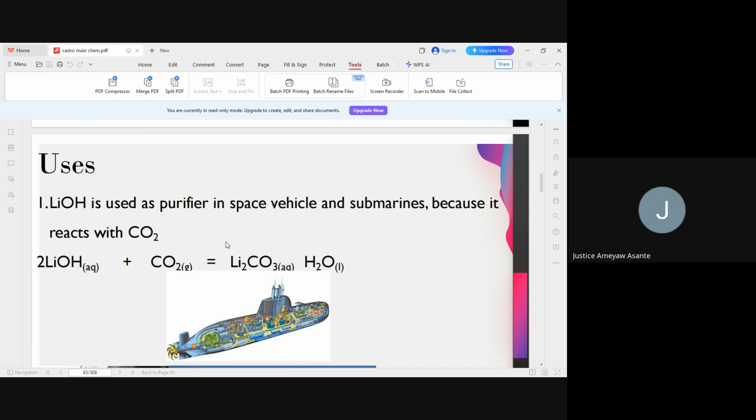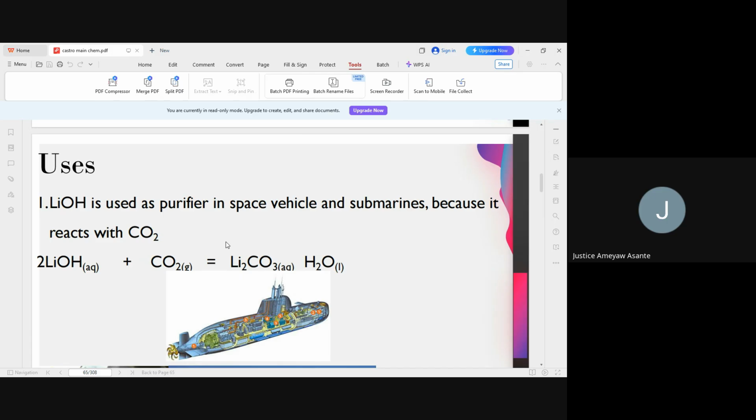So lithium oxide, what is formed, is used to purify vehicles and submarines, because it can easily react with carbon dioxide. You want to purify air in vehicles. People sit in the vehicles and we generate carbon dioxide. So in order to remove the carbon dioxide, lithium oxide can easily form a compound with carbon dioxide, and that one is less soluble.